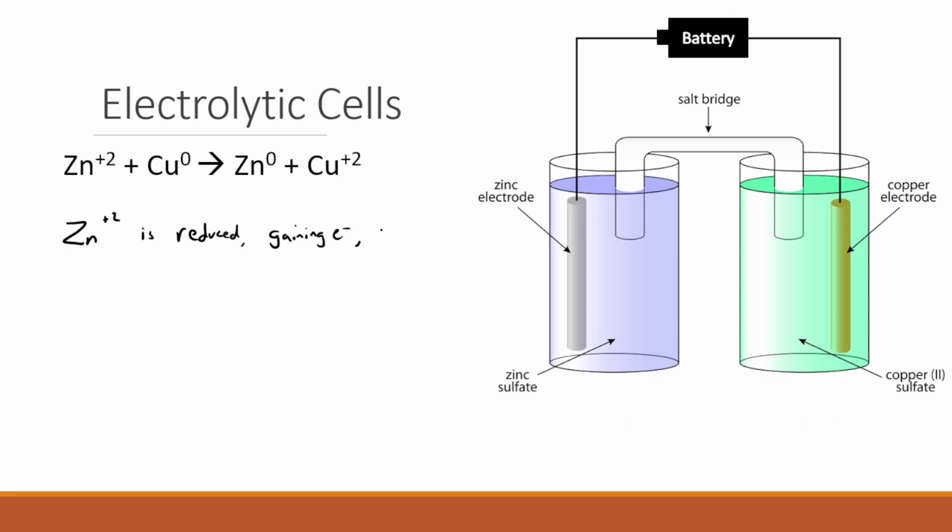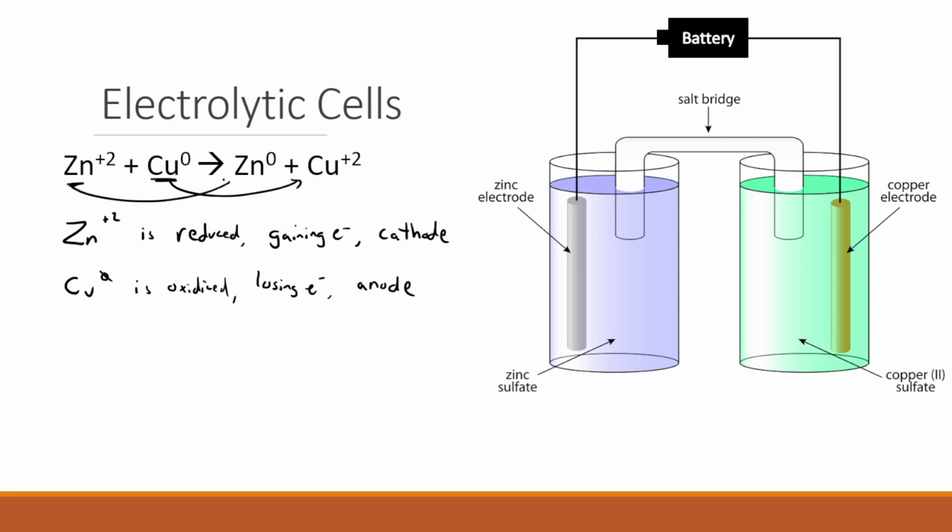It is the cathode. The copper is oxidized. It's losing electrons. It is the anode. By flipping the equation around, we have swapped the anode and the cathode's positions.